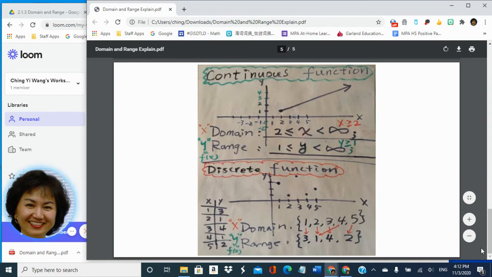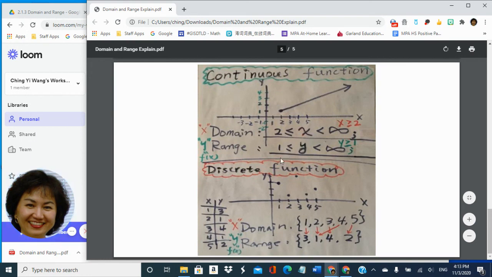This is an anchor chart to give 2 more examples about how to write domain and range for continuous function and discrete function. The top one is a continuous function. You can see the domain goes from 2 to infinity. So you can write 2 less than or equal to x less than infinity, or you can write it as x is greater than or equal to 2.